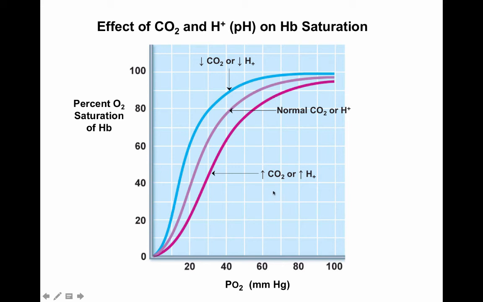And that makes sense because we know that carbon dioxide replaces oxygen very readily. And so if we're in competition with carbon dioxide for oxygen space, carbon dioxide will win. And so it makes sense that if we have high levels of CO2, we have less saturation of oxygen on hemoglobin. If we have low levels of CO2, we have higher saturation of hemoglobin with oxygen.